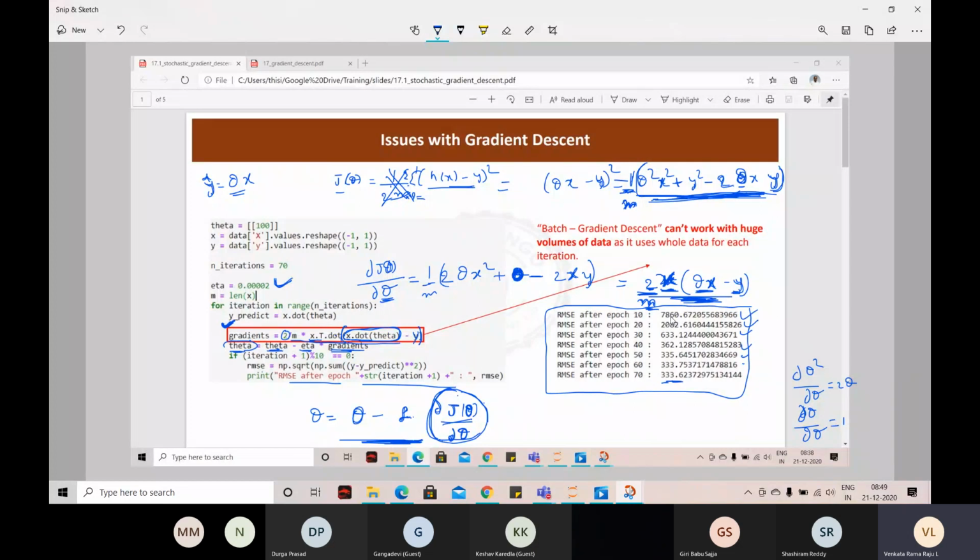If the eta number is a big number, maybe if I chose 1 as eta, what would have happened to the RMSE at epoch 10, epoch 20, epoch 30 and all that?